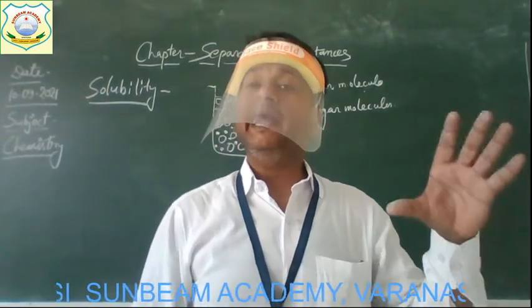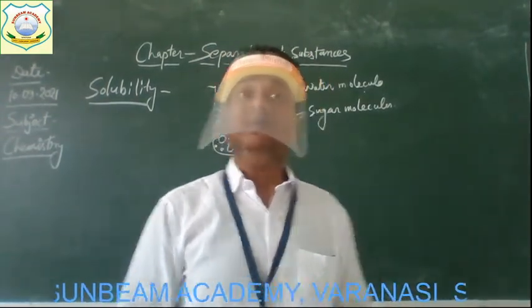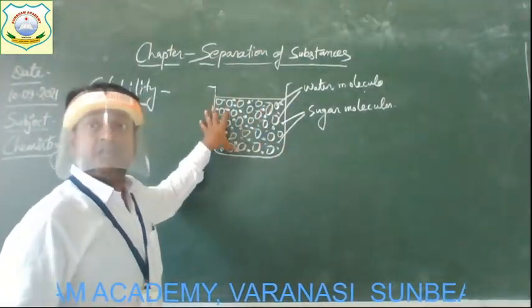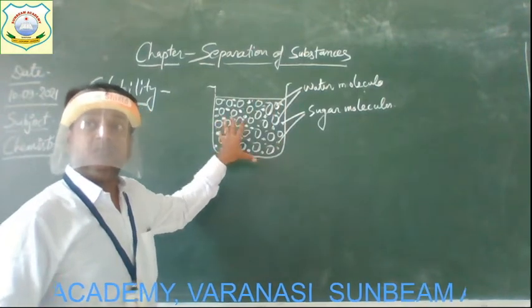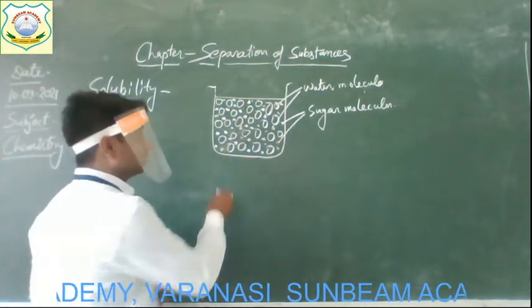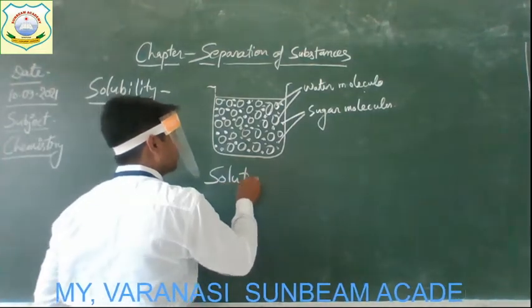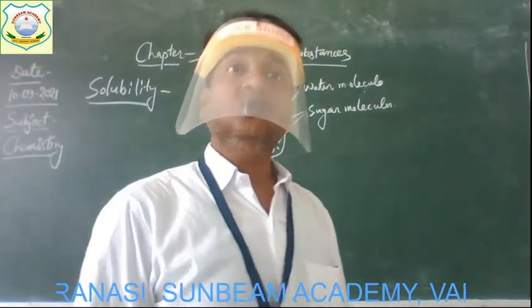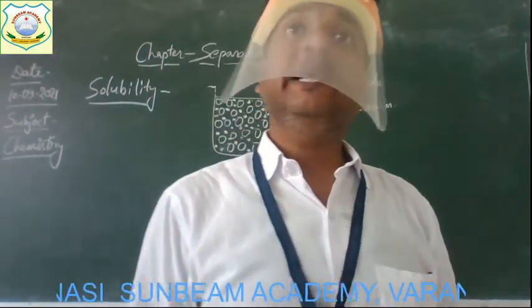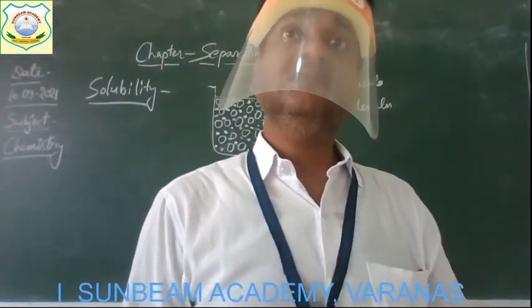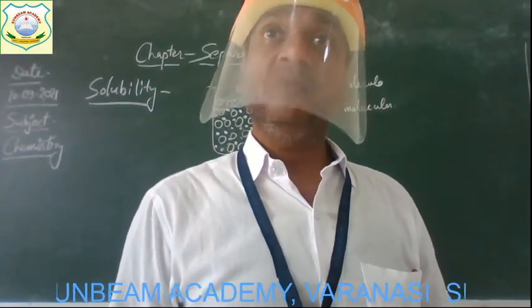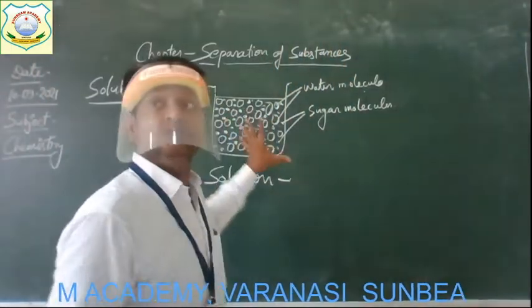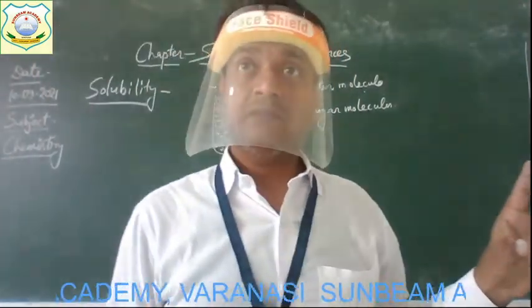So the sugar and water together formed a solution. This mixture of water and sugar is known as what? Solution. So solution means what, children? Solution means that when a solid or a substance dissolves in a liquid, that new substance which forms is known as solution.